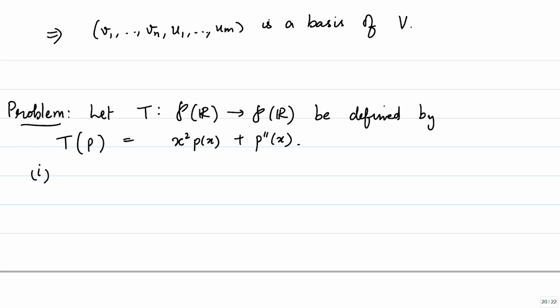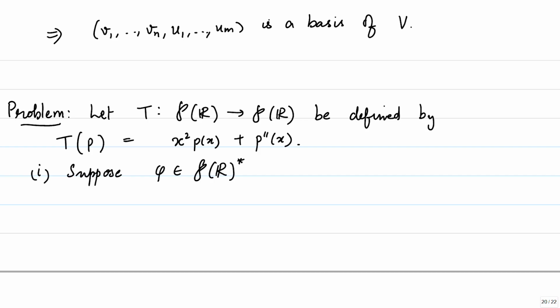So the first part of this problem says that suppose phi is an element in the dual space of P of R. Recall that the dual space of P of R consists of all linear functionals on P of R. They are linear maps from P of R into R. This is a vector space over R, so the linear functionals will form a vector space denoted as P of R star.